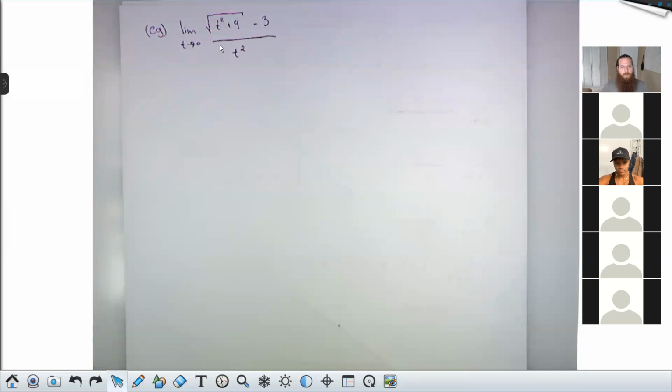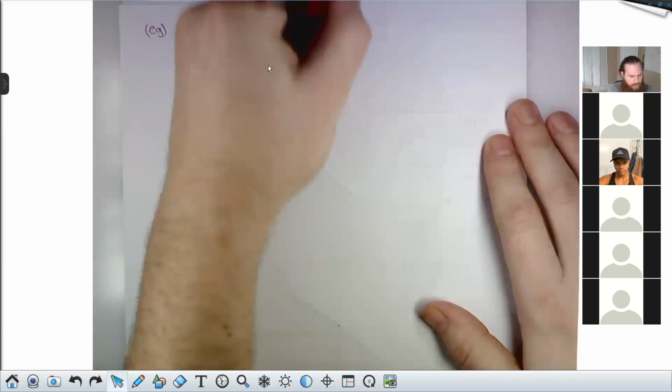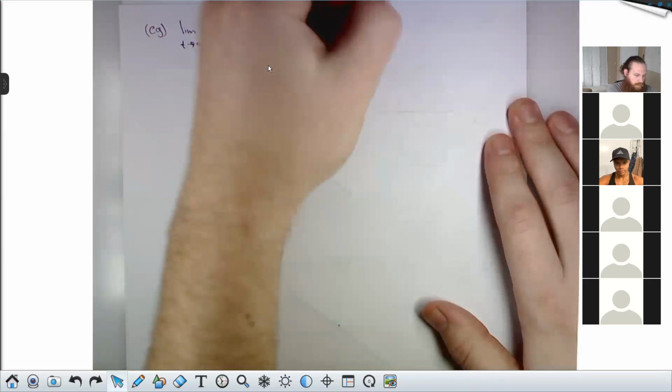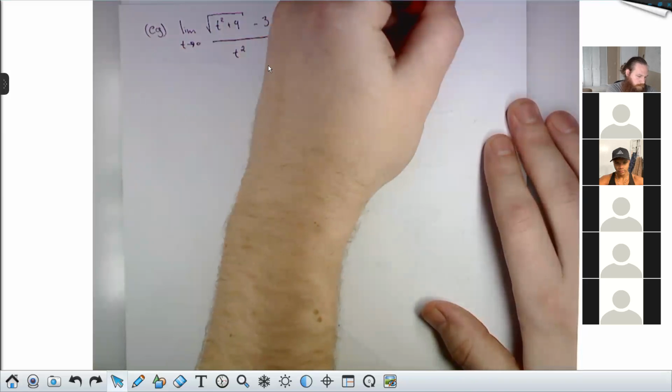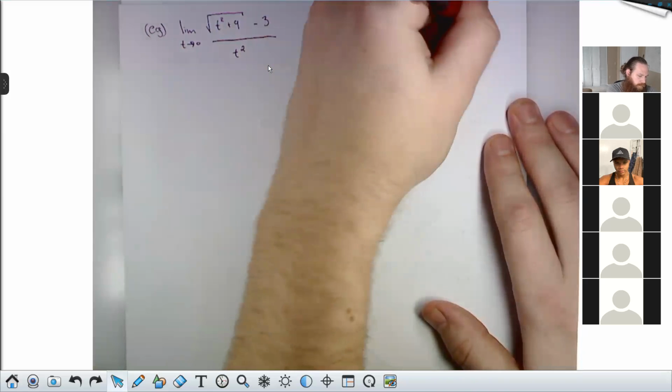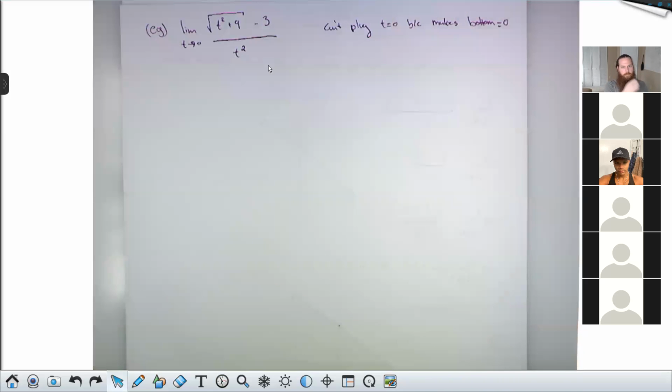And this time I'm not going to draw any graphs. We're just going to do it using algebra. Again, if I try to plug in, I get 0 downstairs, because that makes the bottom 0, which is no good.